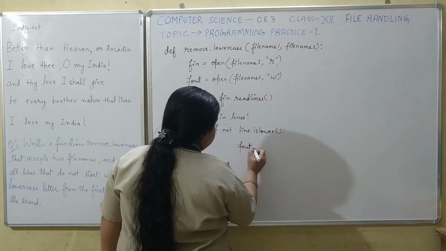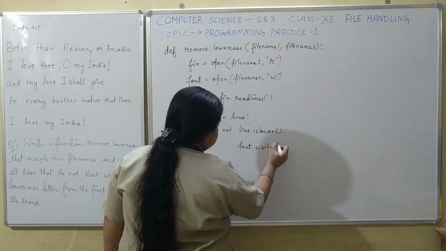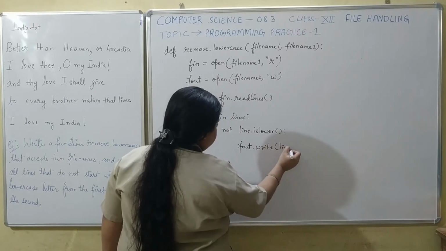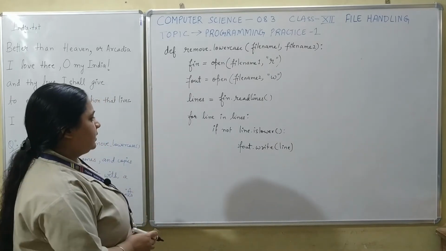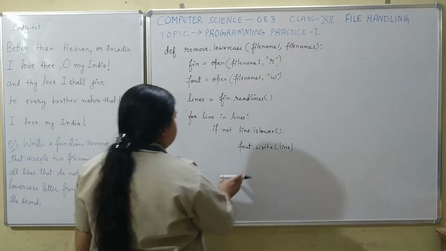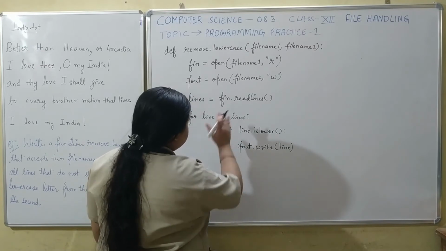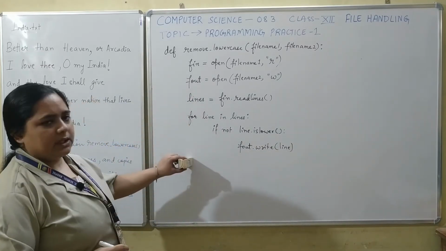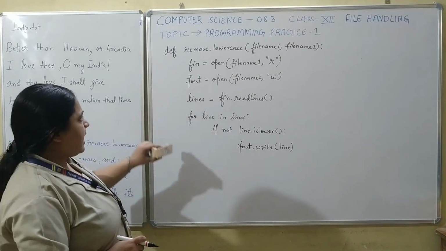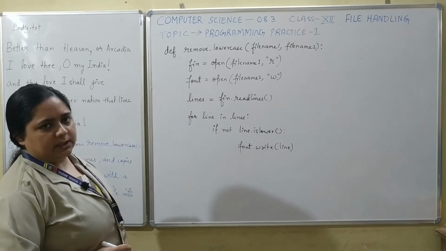So we will write it this way: f out dot write line. So one line will be written to the file, and then once we have completed this, our program ends over here itself. That is, our function ends over here itself.